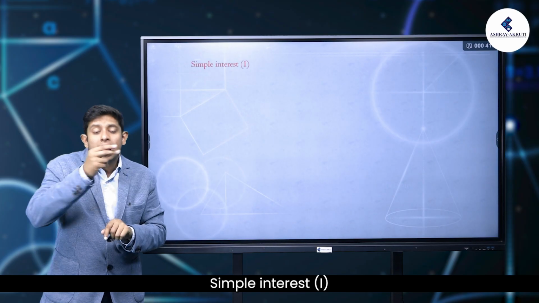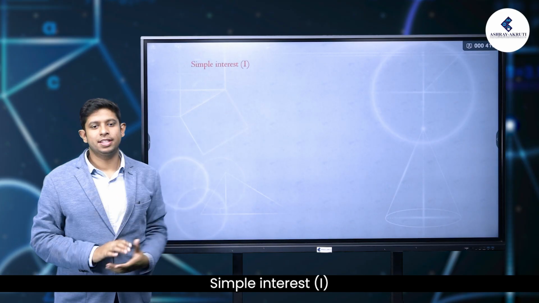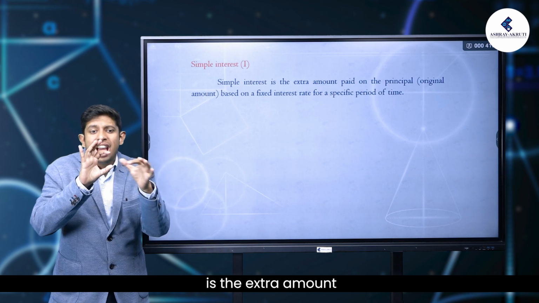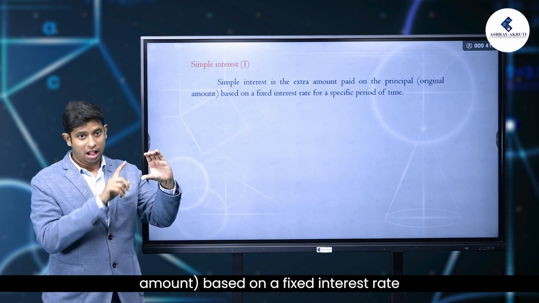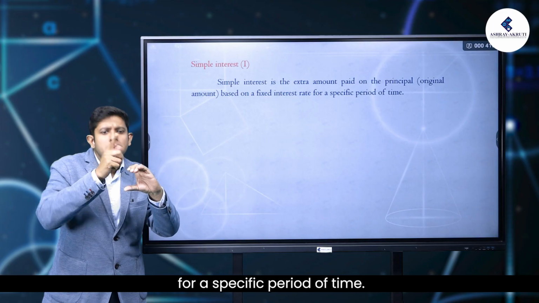Simple interest. Simple interest is the extra amount paid on the principal, the original amount, based on a fixed interest rate for a specific period of time.